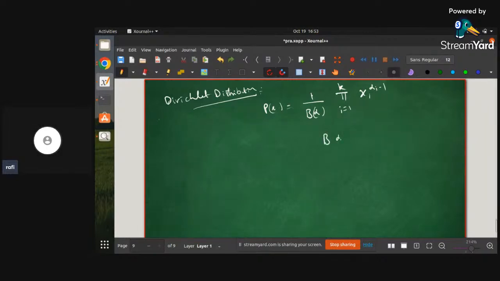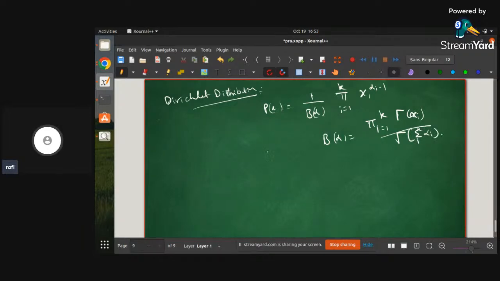Here B of alpha is the product for i equal to 1 to k of gamma of alpha_i, divided by gamma of the summation over i of alpha_i. Here gamma means the gamma function.